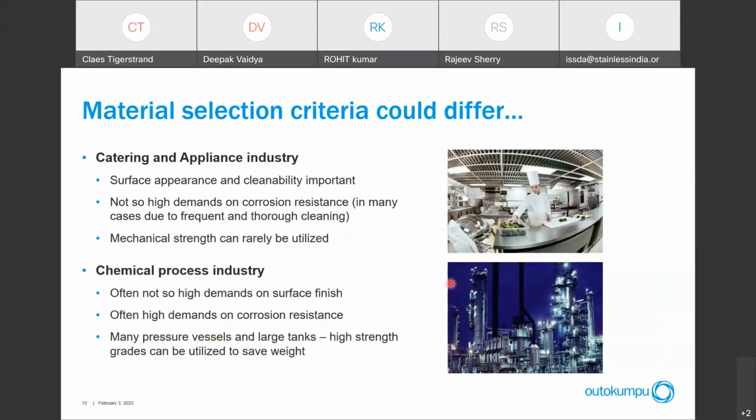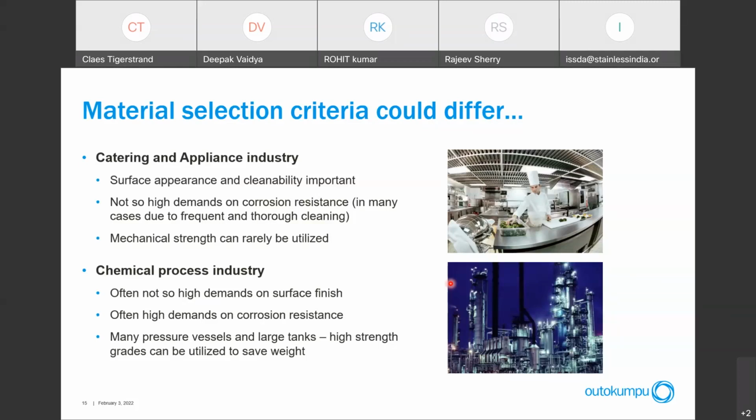Material selection criteria could differ depending on what type of application and industry we are considering. Within catering and appliances, surface appearance and cleanability are very important, and perhaps corrosion resistance is not so critical, and mechanical strength cannot really be utilized there. On the other hand, in the chemical process industry, the surface finish is not so important, but corrosion resistance is very important.